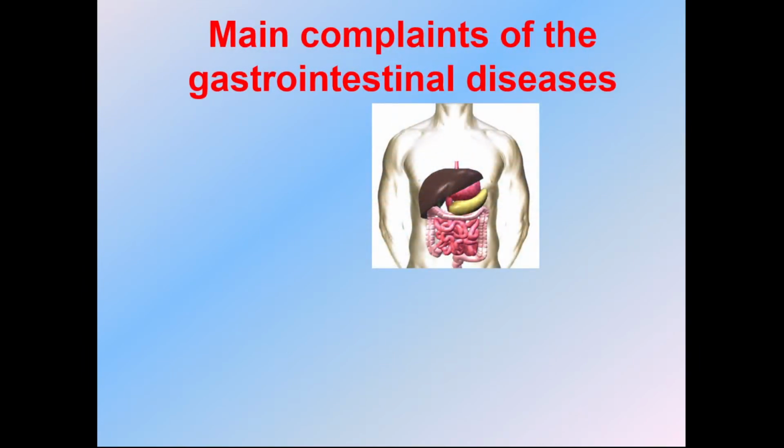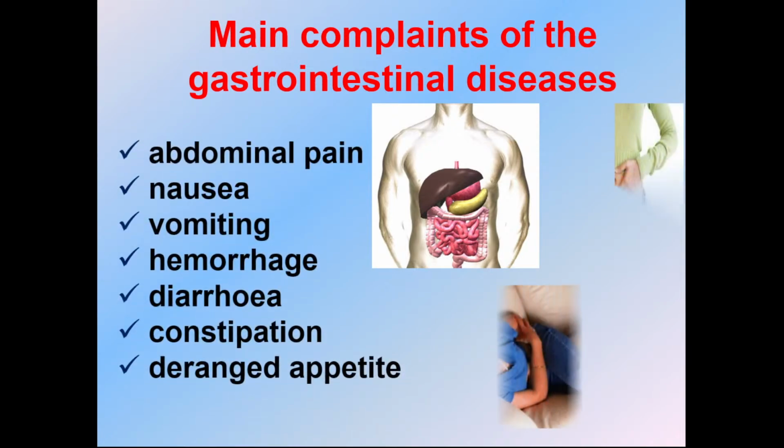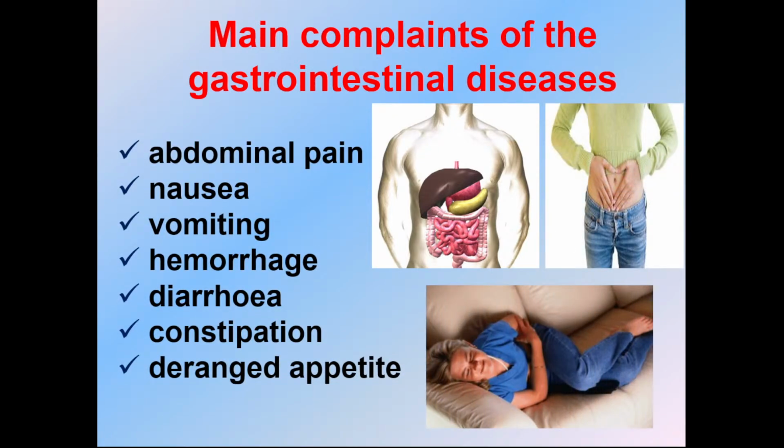The last system we'll talk about today is the digestive system. The main problems of the patient with digestive system diseases, first of all diseases of the gastrointestinal tract. The patient complains of pain, because inflammation of any digestive organ, stomach, liver, intestine, is accompanied with pain.